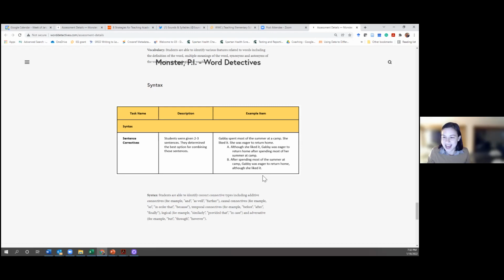All right, we got A's as the answer here. So this takes advantage of connective words like the word although. Although is a tricky one. It's an adversative connective, meaning that the two ideas are conveying two different things from each other.